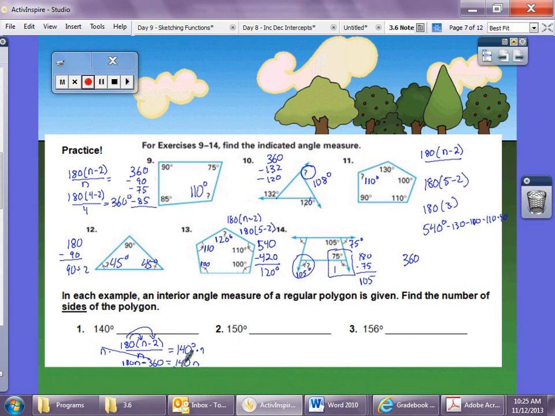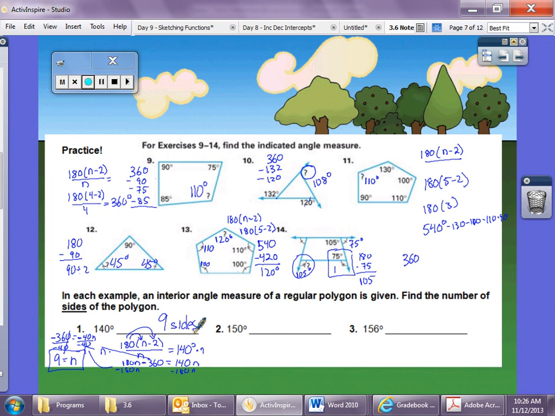We subtract 180n. So I have negative 360 equals negative 40n, divided by negative 40. They cross off, and 9 is equal to n. So if it's 140 degrees, it has 9 sides.